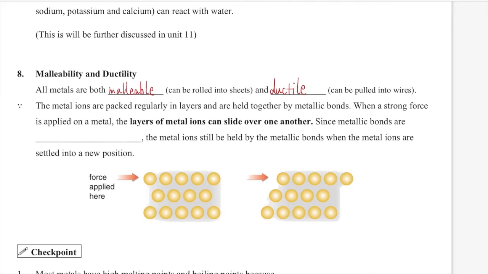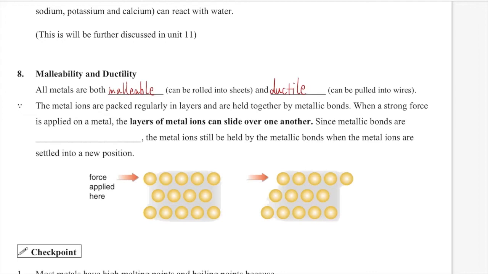They can still be held together without changing the structure. The shape has changed, but we didn't break them apart. That's what malleability and ductility mean.